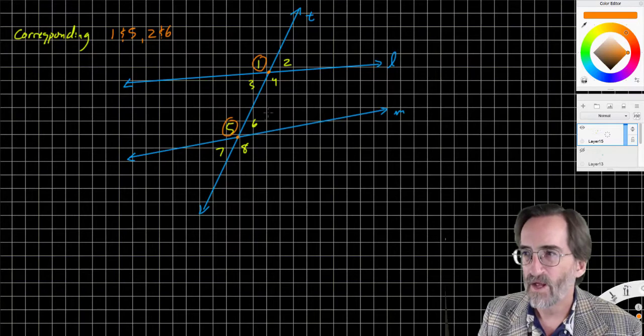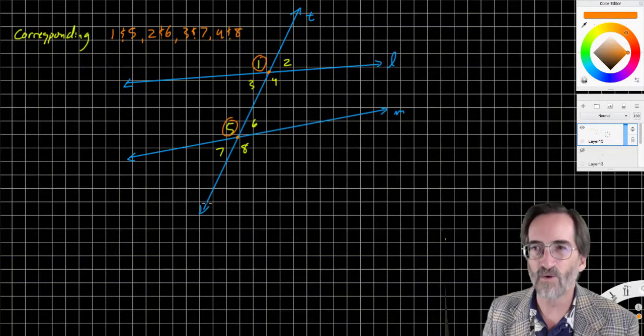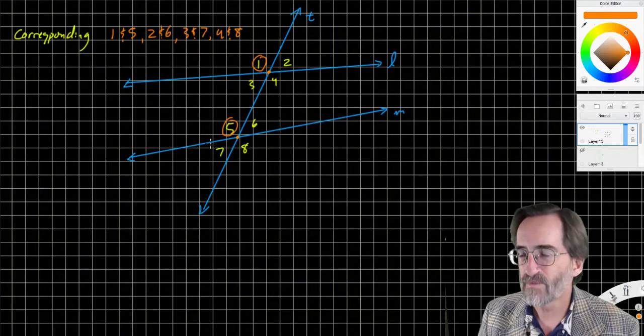And 3 and 7 are on the bottom left, so 3 and 7 are corresponding. And 4 and 8 are on the bottom right, so 4 and 8 are corresponding. So that's corresponding angles.